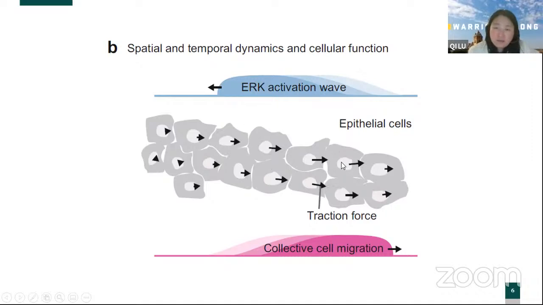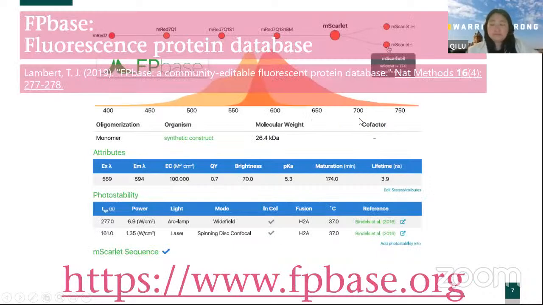So the ERK activation wave prevails step by step from this direction, and the cell migration is from this direction. This is an example of a phenomenon that can be observed with optogenetics tools.